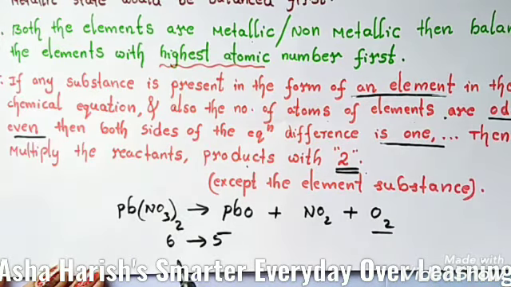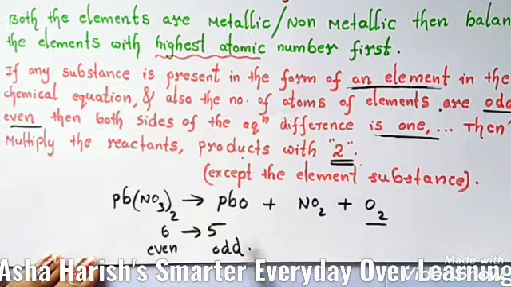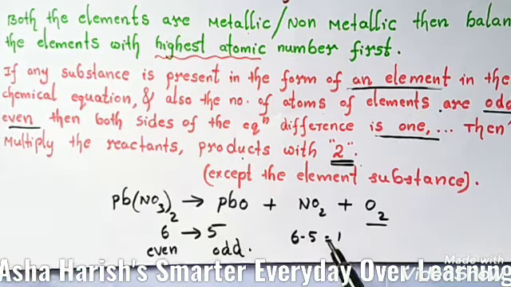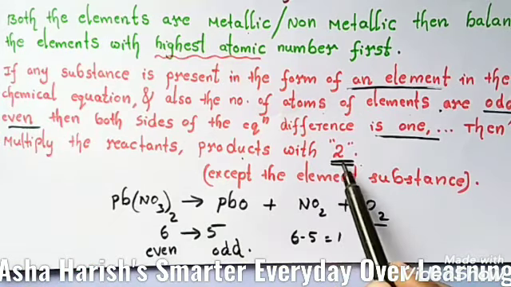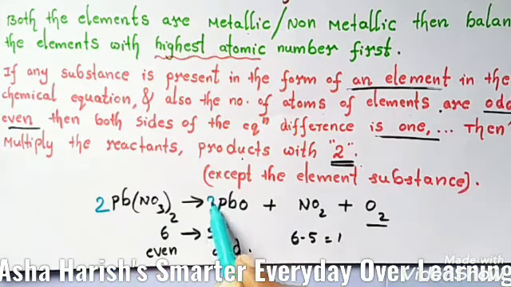So in the reactant side 6 oxygens, in the product side 5 oxygens. So this is even number and this is odd number. Now you have to do subtraction of this. 6 minus 5, that is 1. Now you need to multiply with the number 2. Now simply you can place before these compounds 2 and here also 2.